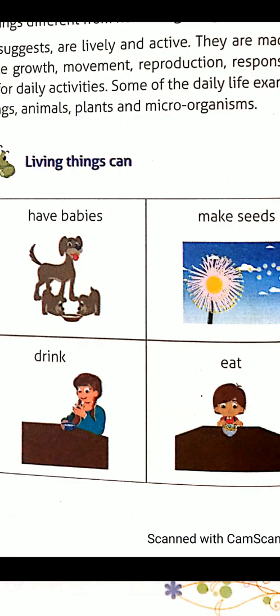So, living things require food and water for survival. We human beings also are called living things, okay? All animals and plants are called living things. Also, microorganisms are called living things.